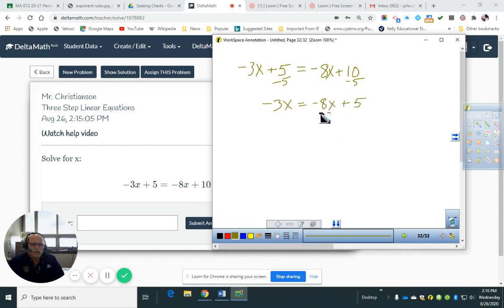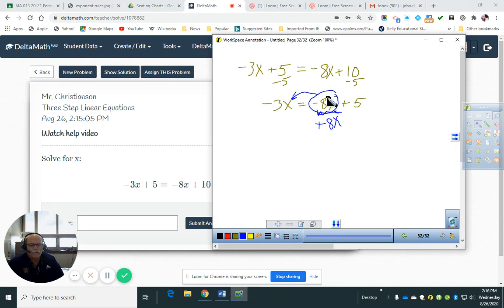Okay. Now, you might be tempted to divide, right? But before you can do that, we need to get this, okay? We need this to be over here, okay? So since we're subtracting 8x, we're going to add 8x.